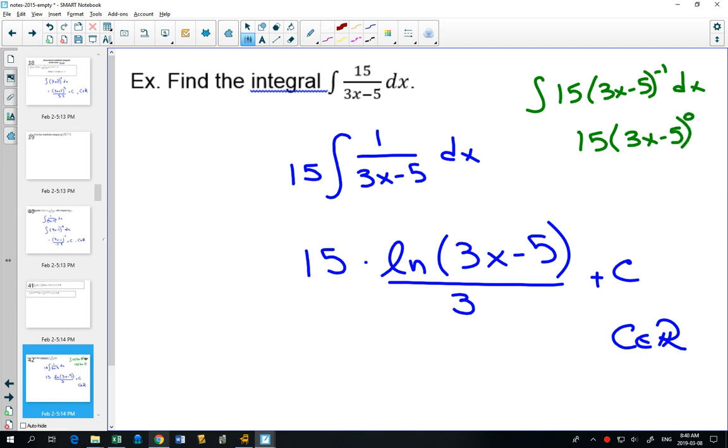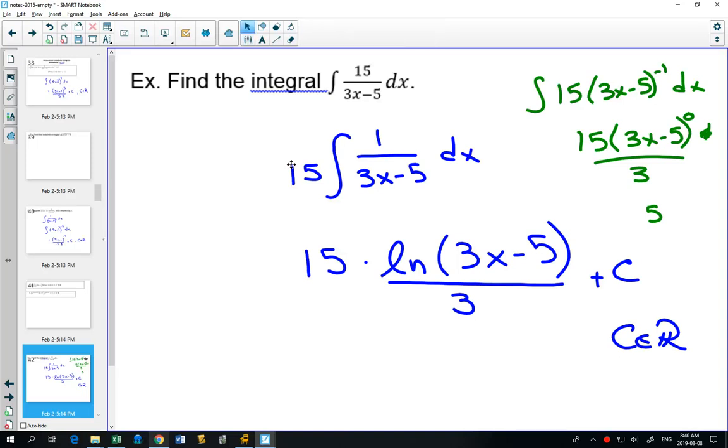Okay? So if you add 1, then all of a sudden that's a 0. And then you would have to say also divide by 3. And if I simplify this, I just get 5. And if that's my function, I'm pretty sure the derivative of 5 isn't 15 over 3x minus 5. So something should feel wrong at that point.